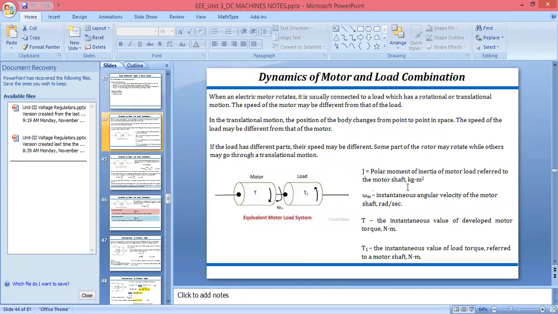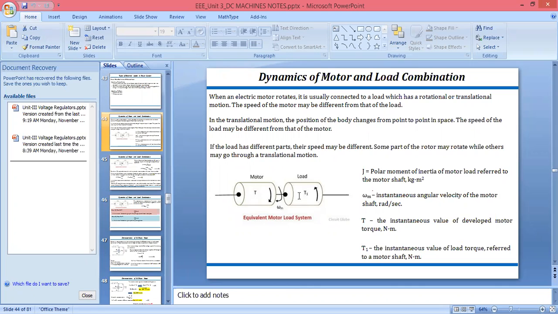So what we can say, when you give the electrical energy to the motor, at that time the motor will start to rotate. And we know we can connect a load to the motor. So when the motor rotates, the load will also start to rotate. And the speed of the motor can be different from or the same as the speed of the load, because it depends on the weight of the load.